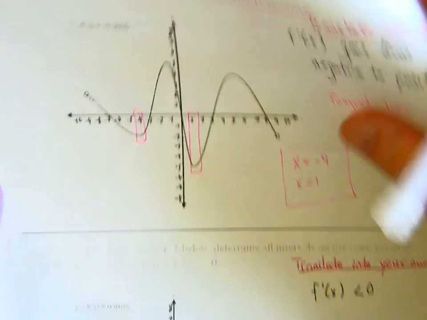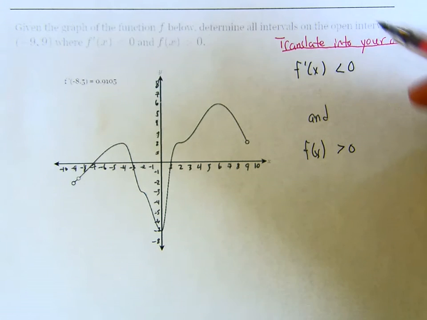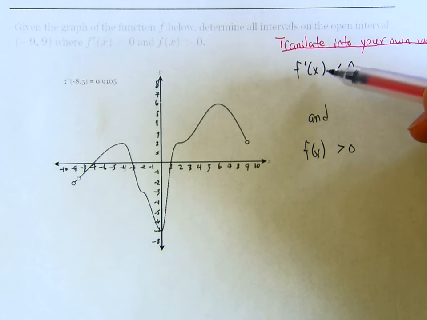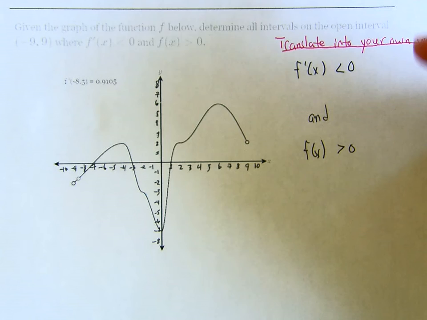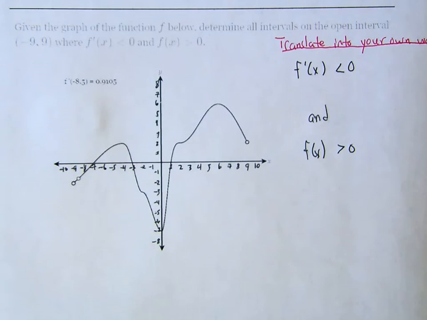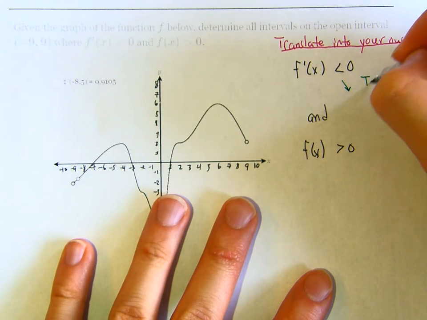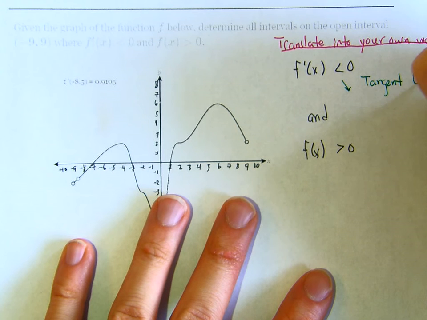Okay, what I want you to do is, for this question here, try to translate this on your own. f prime of x is less than 0, f of x is greater than 0. How do you translate this in your own words? Okay, so here, what is this saying? It's saying, when are the tangent lines negative?